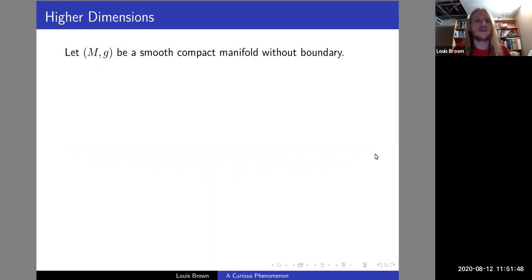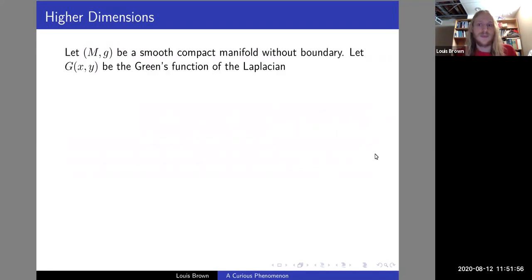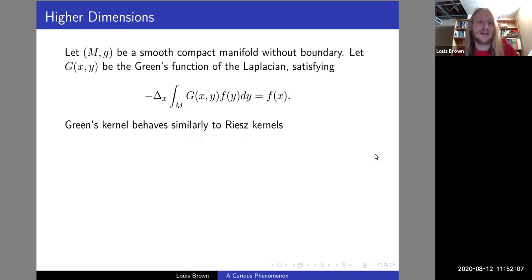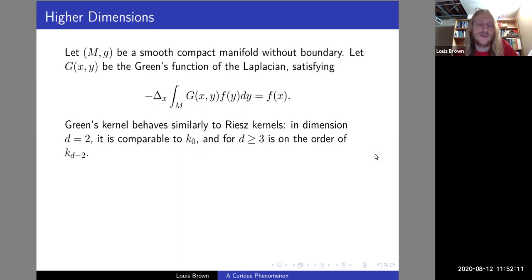So let's set up our algorithm again. We have a manifold M, smooth and compact with no boundary. And we're going to let g of x, y be the Green's function of the Laplacian, which satisfies this equation. And Green's kernel behaves similarly to Riesz kernels. In dimension 2, it's comparable to k sub 0, the minus log Riesz kernel.